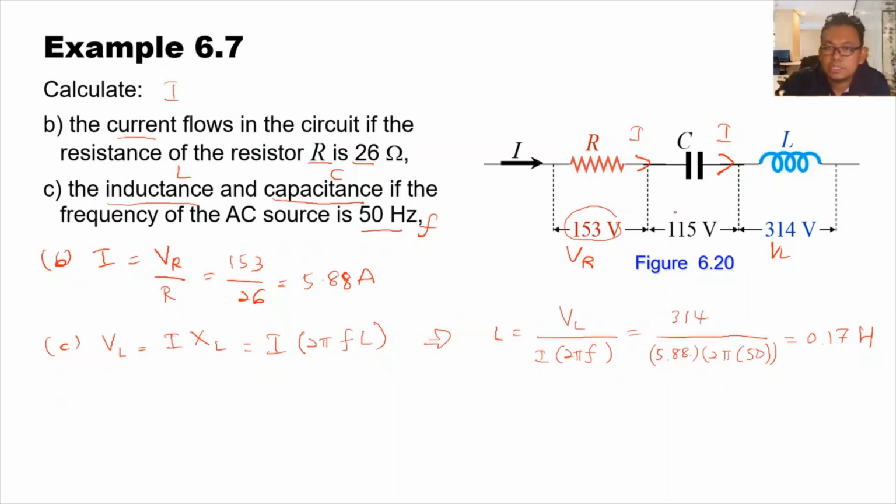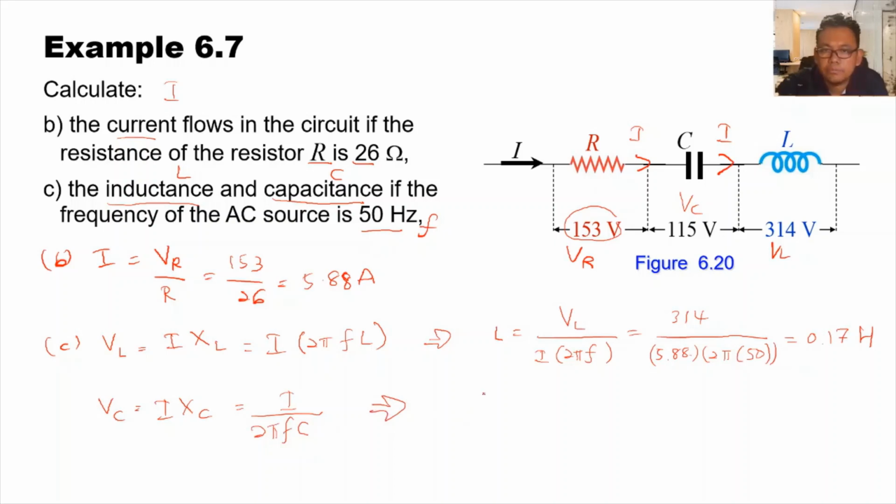Next, for the capacitor, this is the VC. VC is equal to I XC, and this equals I divided by 2 pi FC.